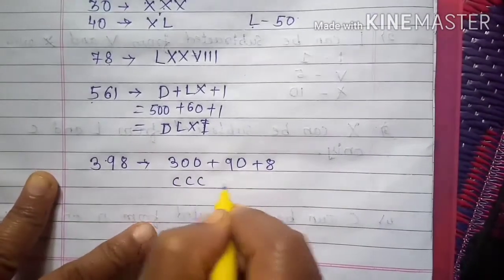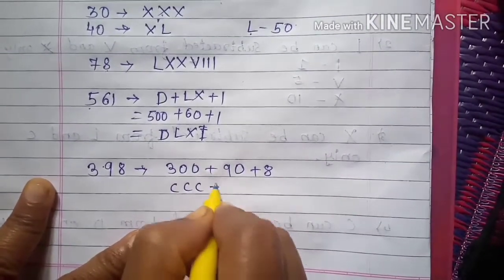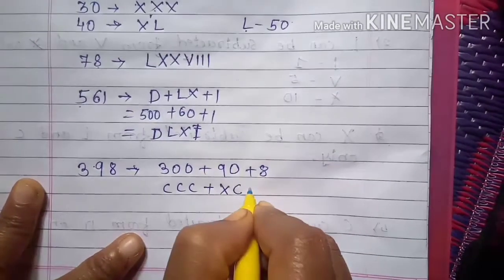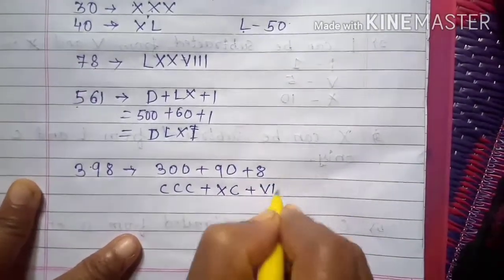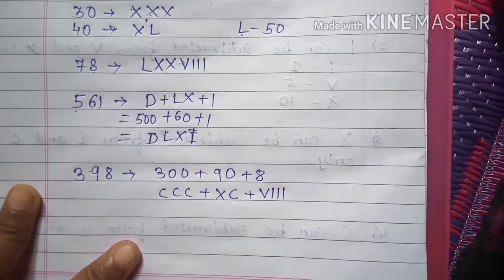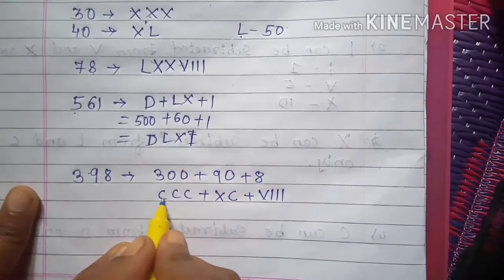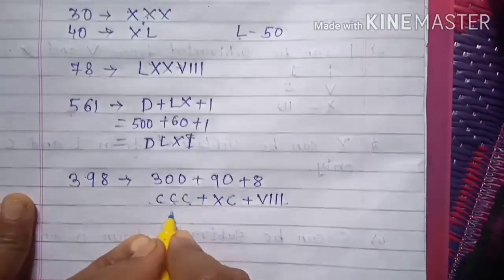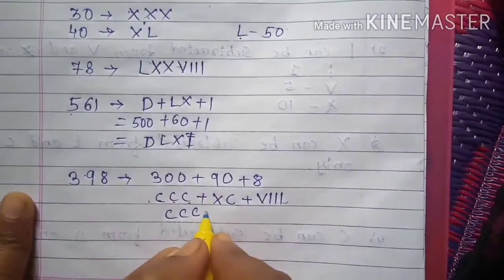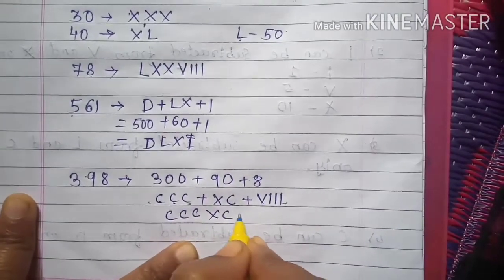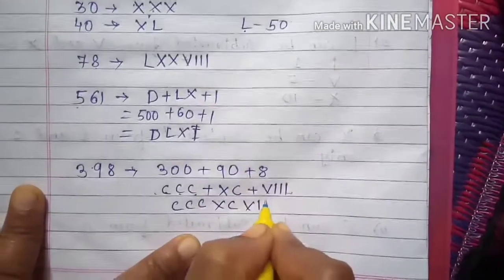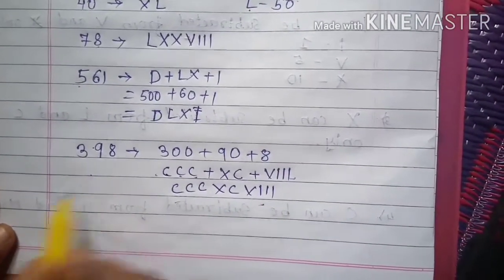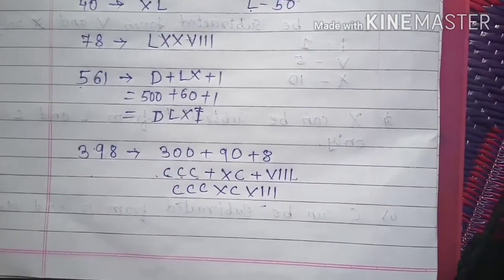Capital C 3 times, plus 90 means X C, plus 8 means capital V and I 3 times. Add these all and write on one side: C C C, then X C, then V I I I. This is the numeral for 398. I hope you understood this one.